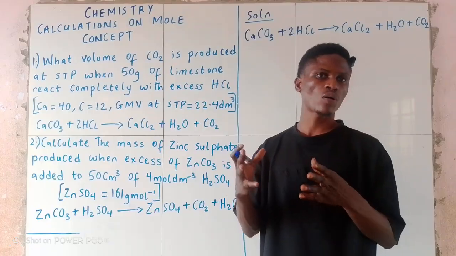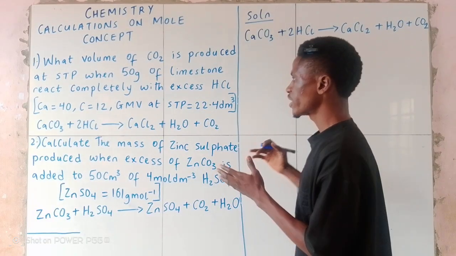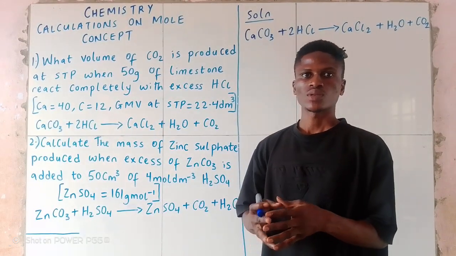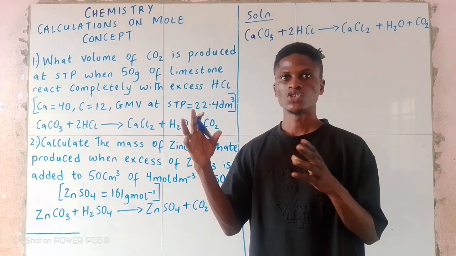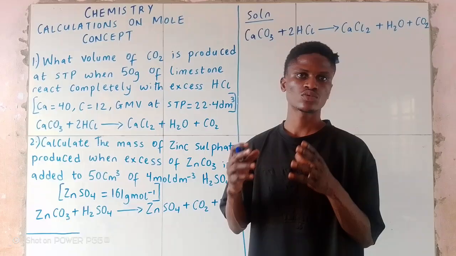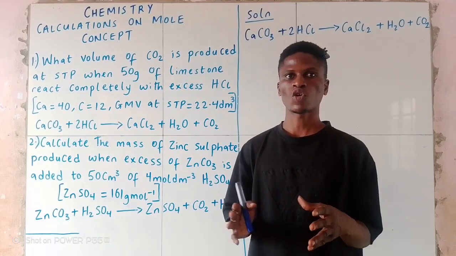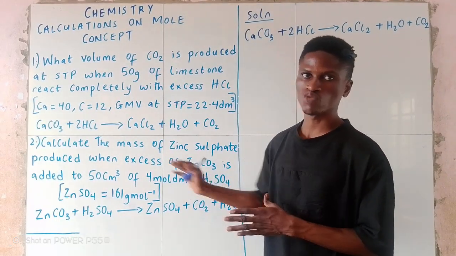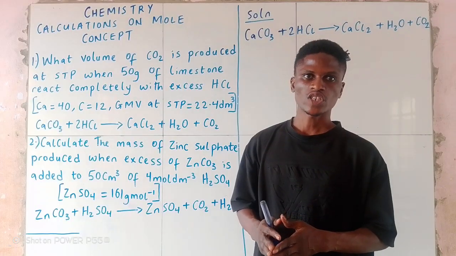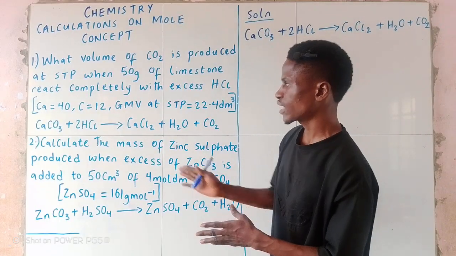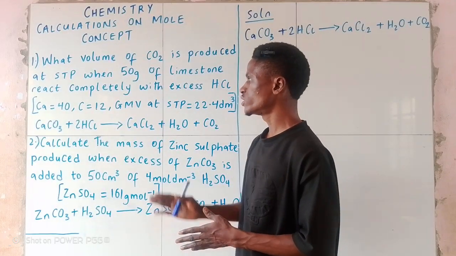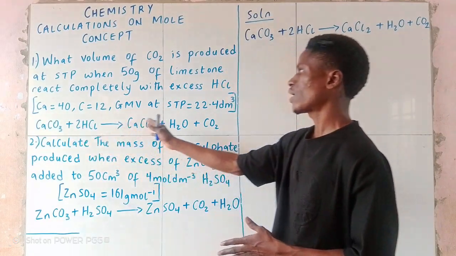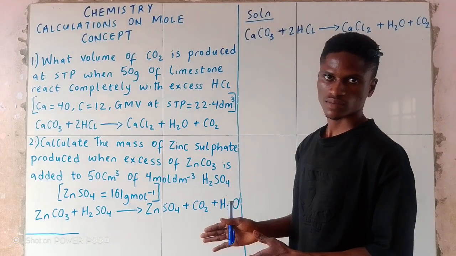One thing you take note of is that in mole concept, when you have a chemical equation, no matter how long the question can be, your attention will be drawn to just 2 of the substances in the equation. It might be 2 from the reactant side, or it might be 1 from the reactant side and the other one from the product side.